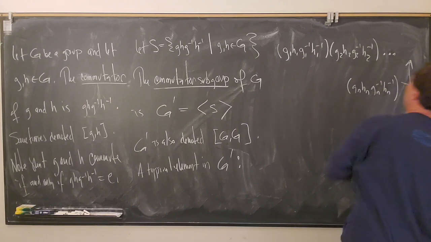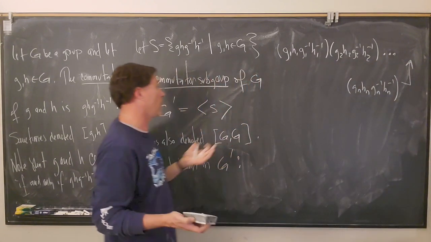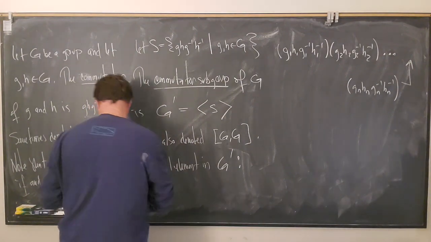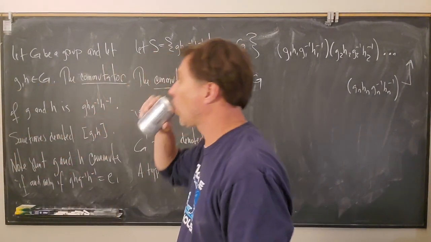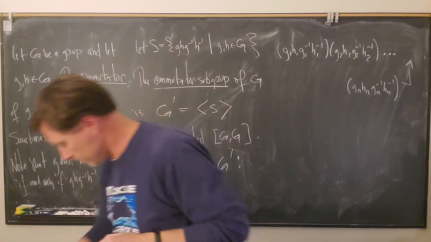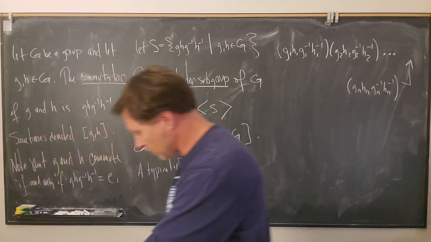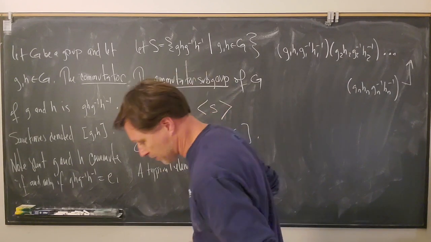So it's a product of commutators. That's what somebody in G prime is going to look like. Now, here's the key observation.